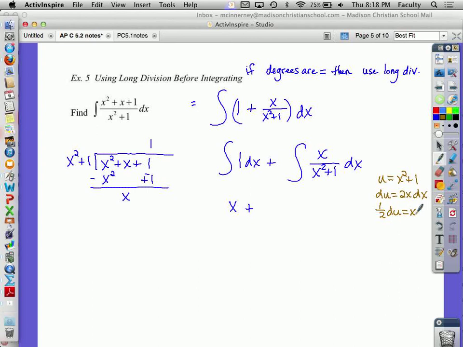So we're now getting really good at this. So then this will give me 1/2 the integral, 1 over u du. Okay, so then you substitute back in.